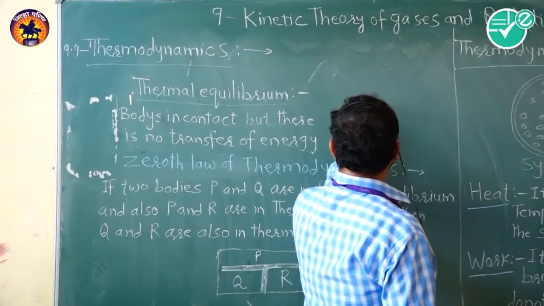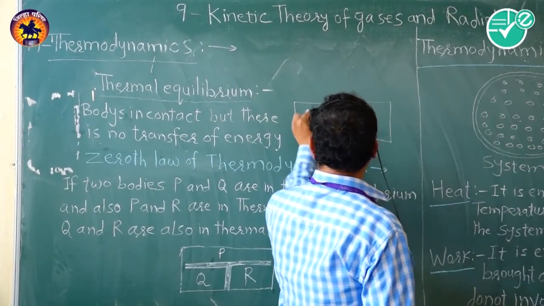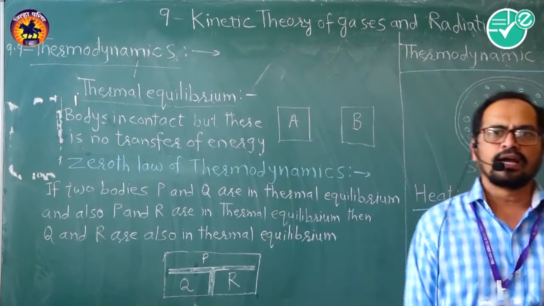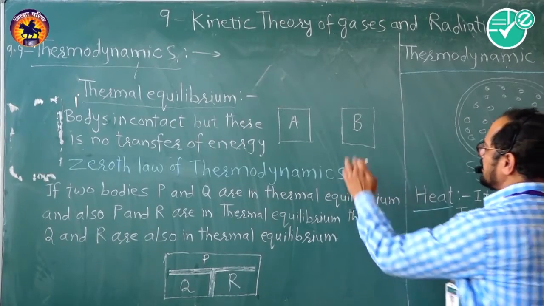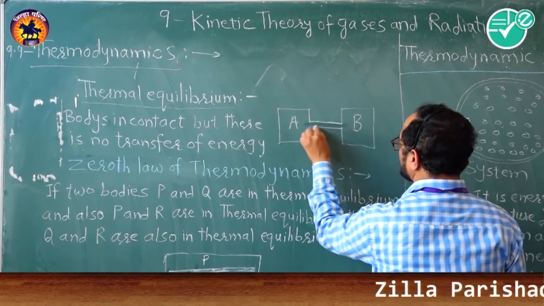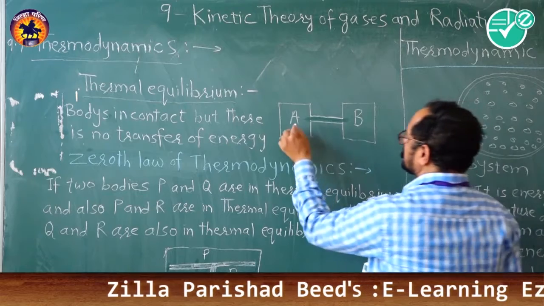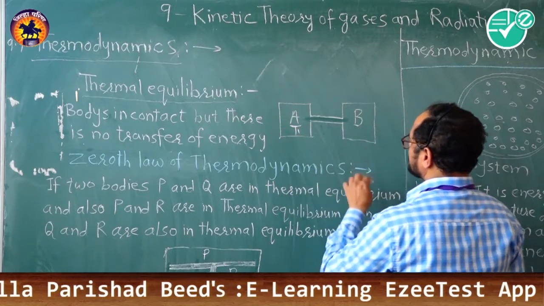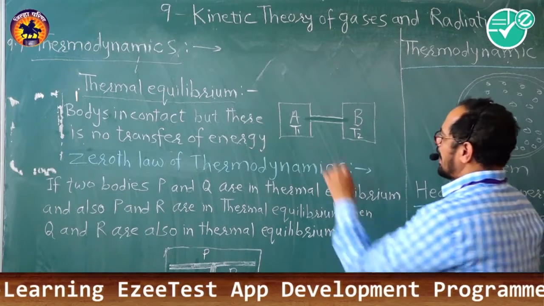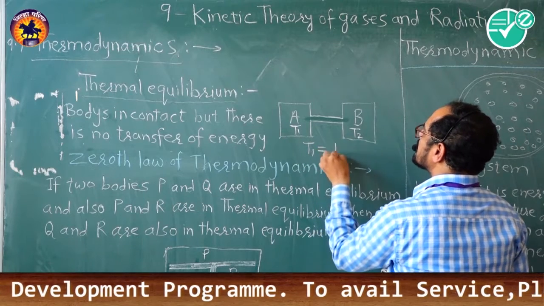If we consider two bodies, body A and body B, and both are connected with each other like this, this one having the temperature T1 and this body having the temperature T2, and both bodies reach the same temperature.